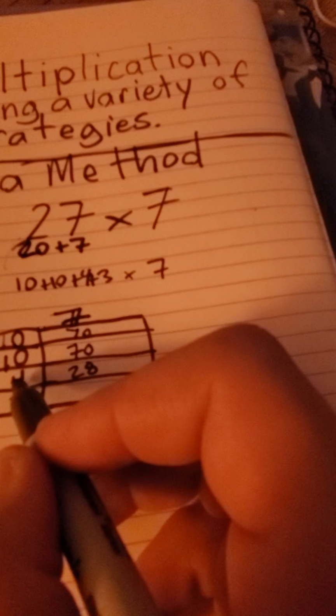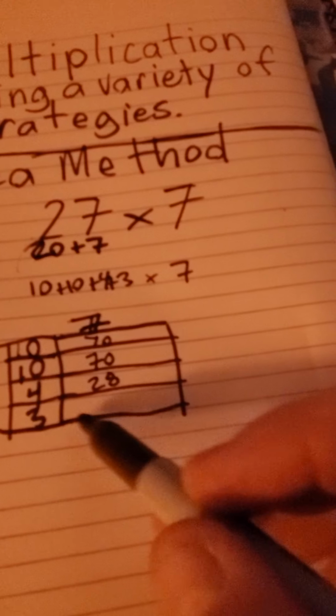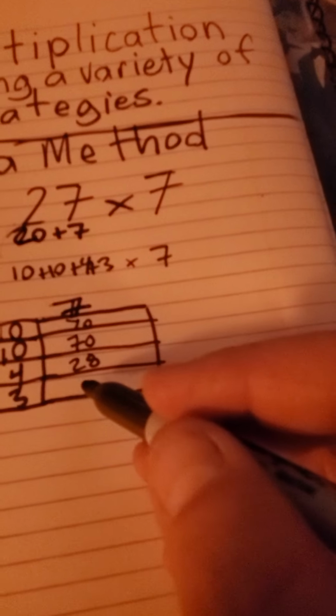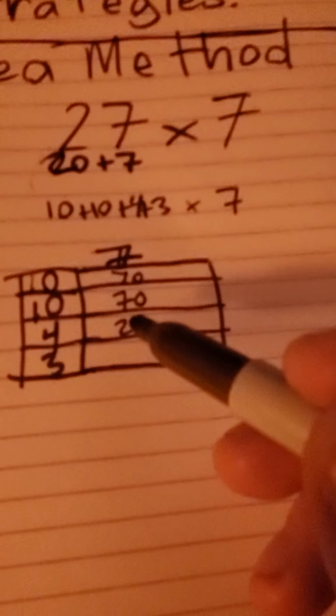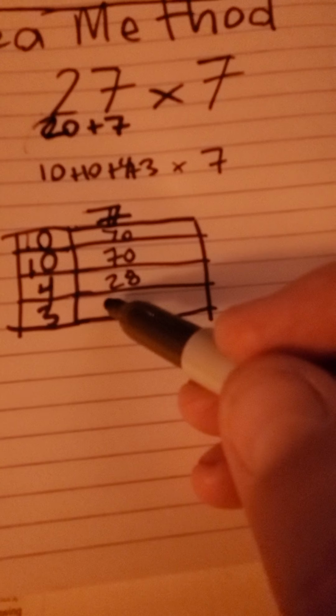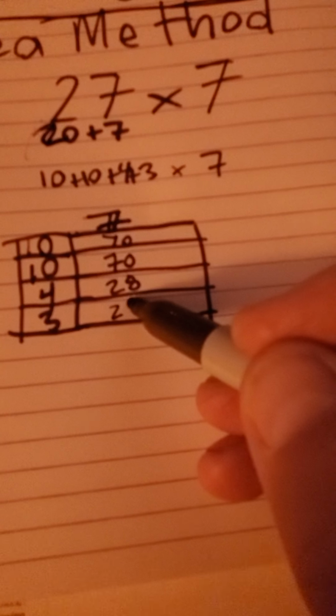You can also use repeated addition for multiplication. And 3 times 7, we can use repeated addition, a multiplication chart, or skip counting. But when we get there, we'll see that it's 21.